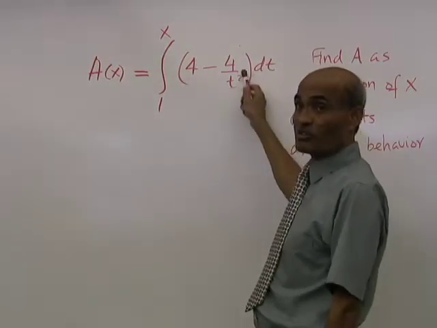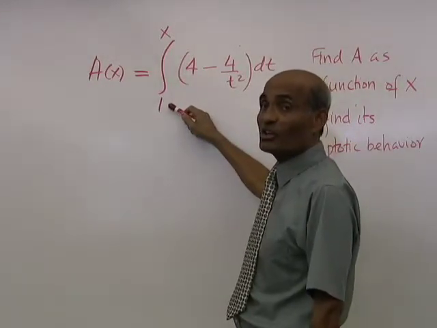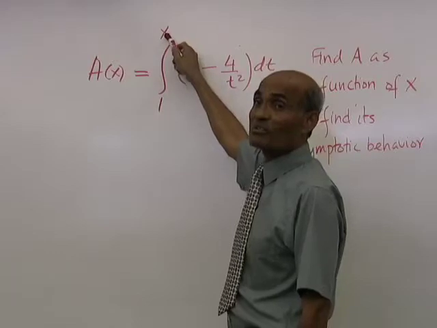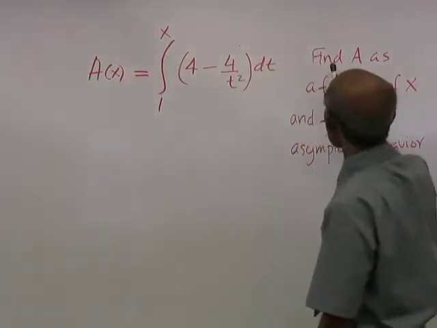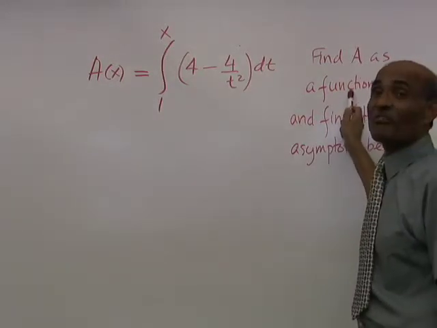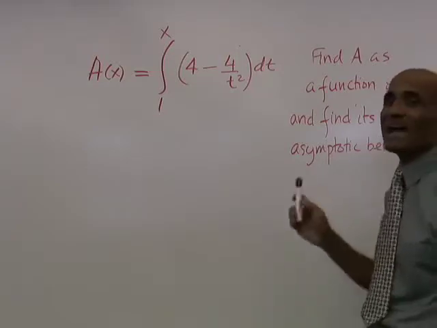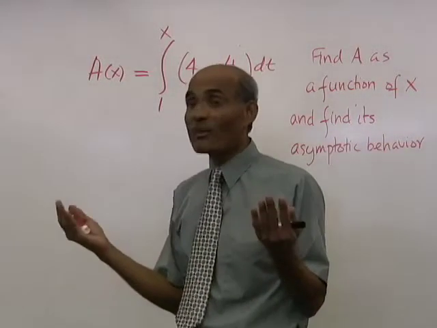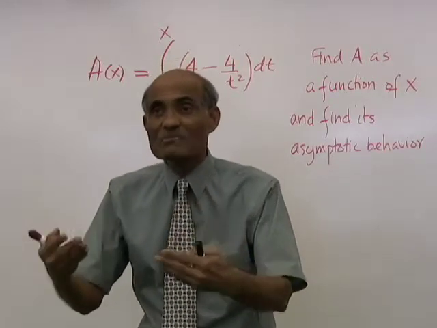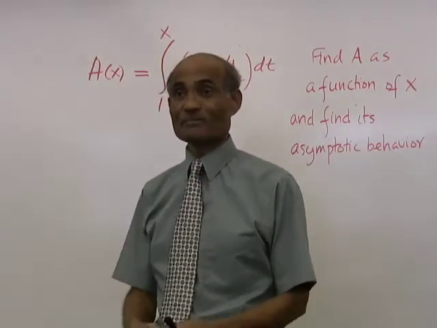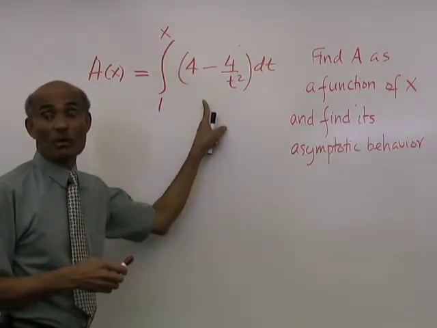Although this is a function of t, when the area is measured along the x-axis from x equal to 1 to x, it becomes a function of x. Now, we are told to find A as a function of x and find its asymptotic behavior. Well, we have talked about asymptotes before, and we know the meaning of asymptotic behavior. Is that right? Well, what we need to do is find this integral.